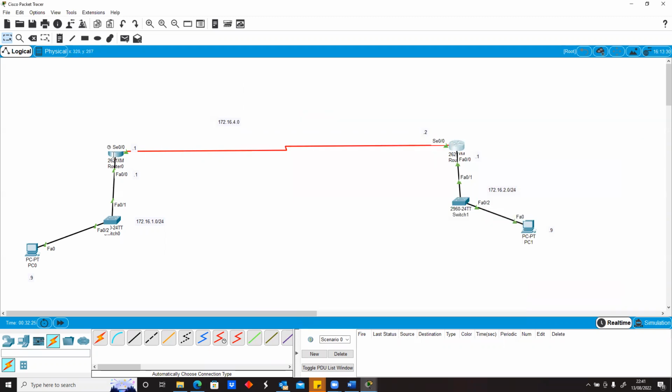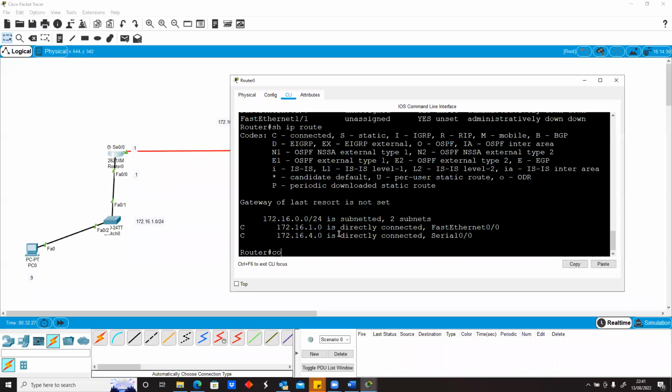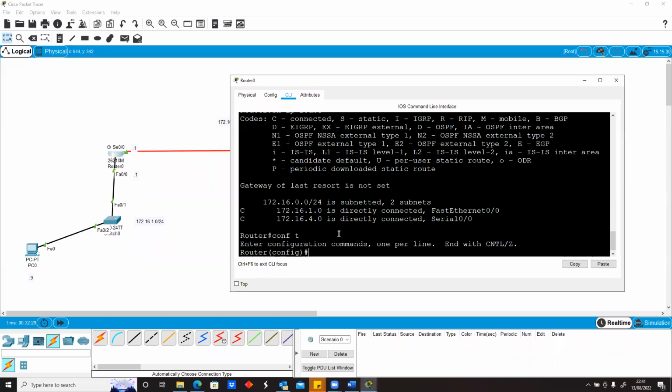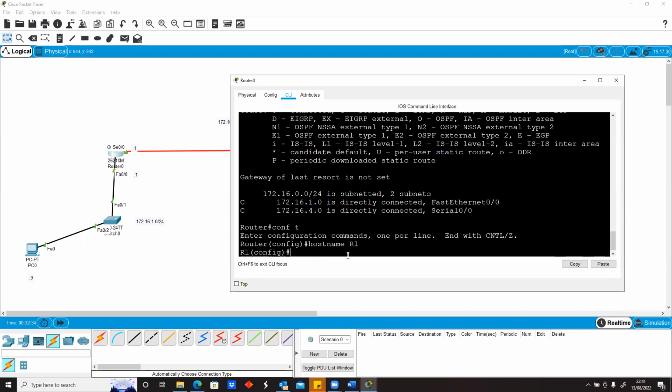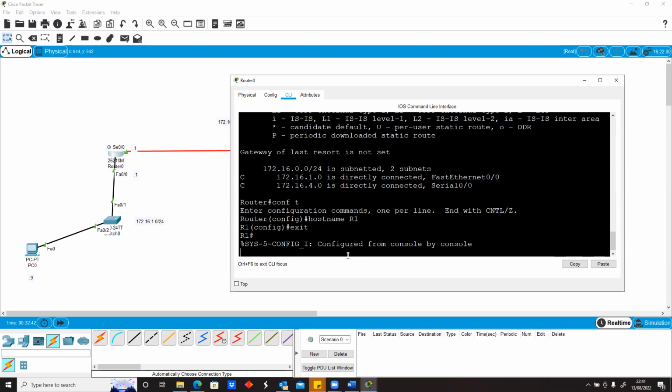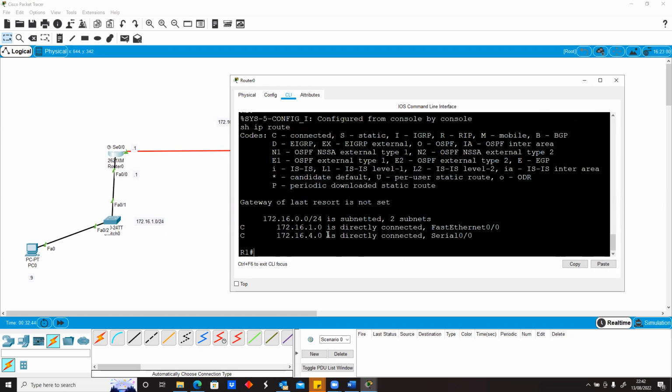The same thing applies to R1. So I'll go in and I'll change the host name. So I'll say host name R1. So R1, if I go back and do show IP route, it doesn't know about the 2.0 network. So clearly, these are the only networks that are known by it.